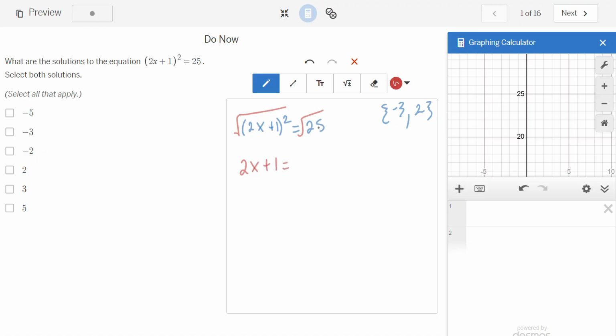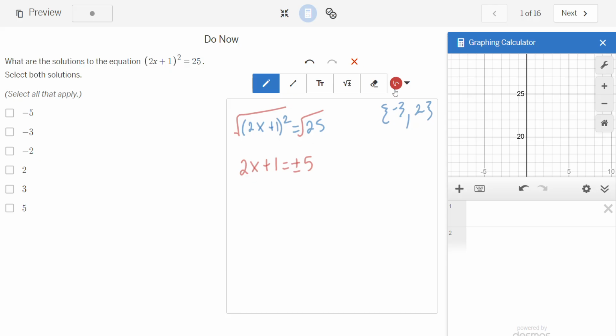The square root of 25, 25 is a perfect square of 5 squared. So when I take the square root of 25, that just gives me 5. Now, I got to take the plus and the minus 5 because I can have -5 times -5. That will give me positive 25. So I have to take the plus and the minus.